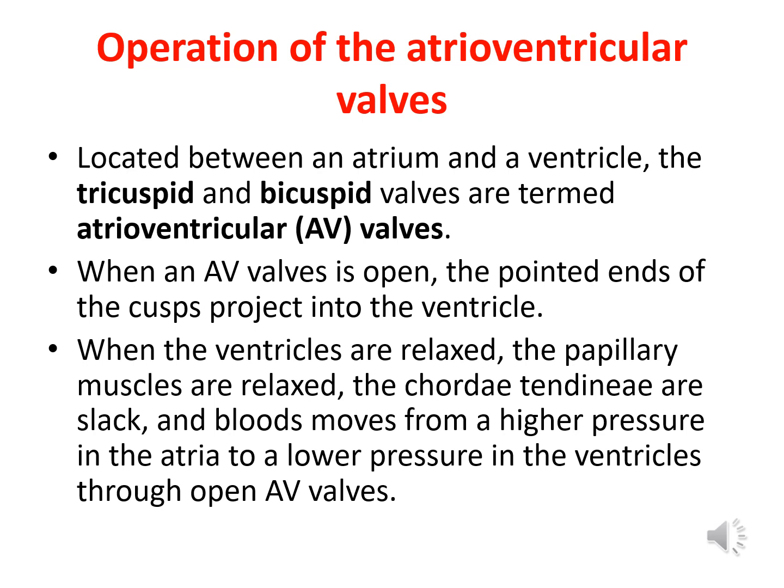When the ventricles are relaxed, the papillary muscles are relaxed, the chordae tendineae are slack, and blood moves from the higher pressure in the atria to a lower pressure in the ventricles through open AV valves.